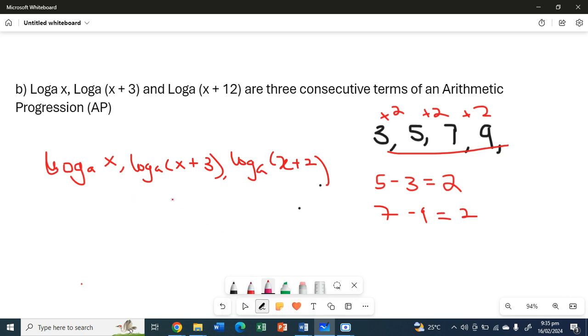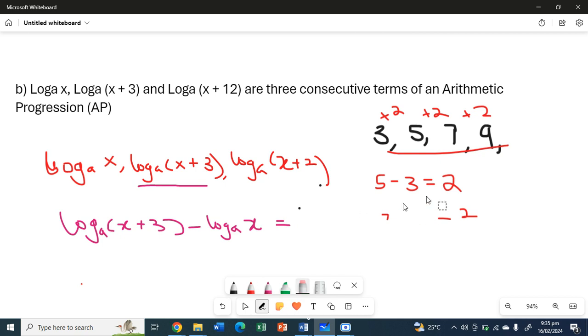All right, to get our common difference, you can subtract log a (x+3) minus log a x, and then you equate it on the right hand side, right?